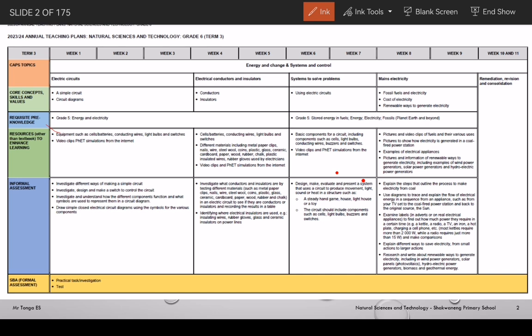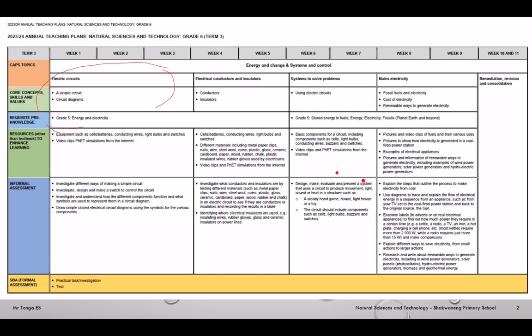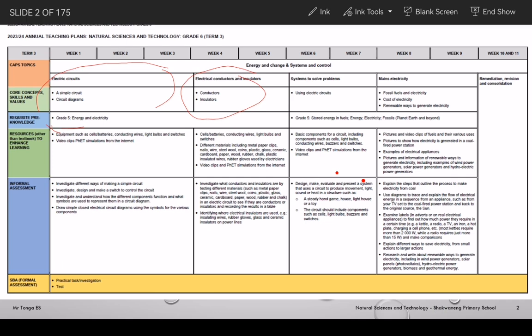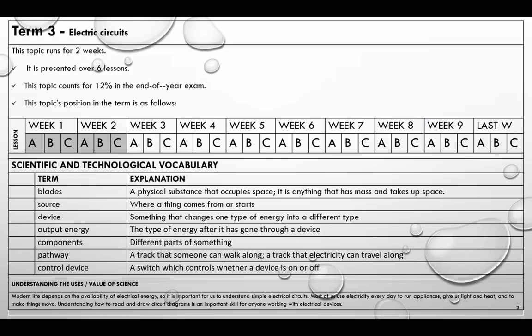In week 4, it's electrical conductors and insulators, followed by weeks 6 and 7, then mains electricity. And in weeks 8 and 9, that is basically what we are supposed to do this term.